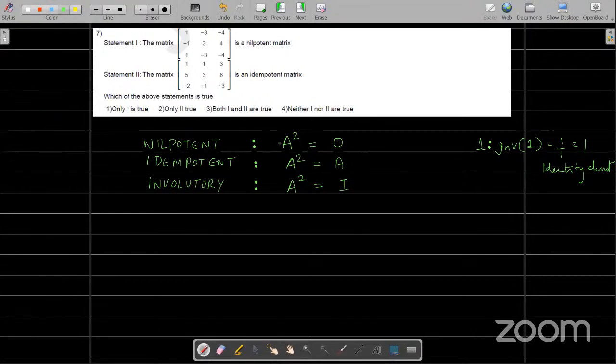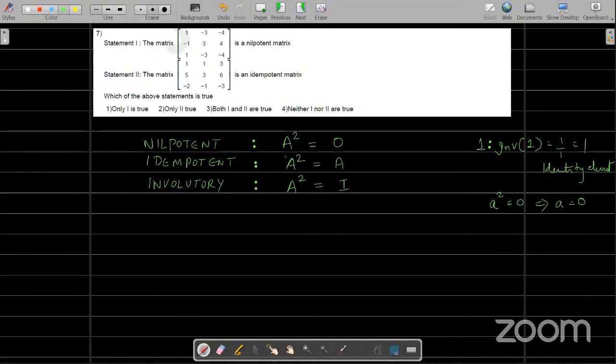Like the way we have got A square as 0 matrix or A square equal to A. Remember in the first case also, in numbers, let us say if A square is 0, it implies that A equal to 0. There is no other option in numbers. But for matrices, you don't have to.